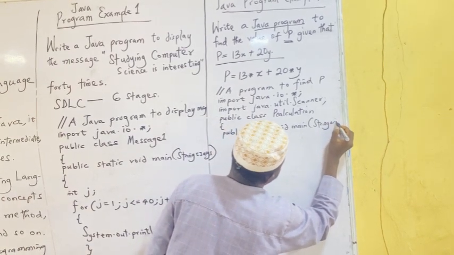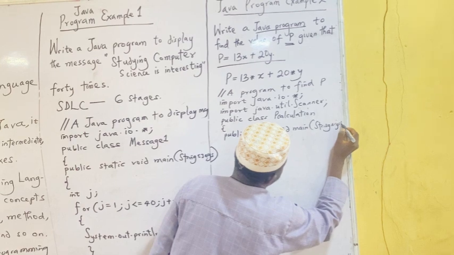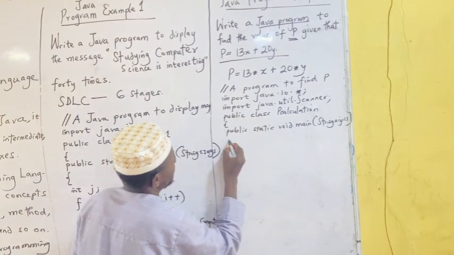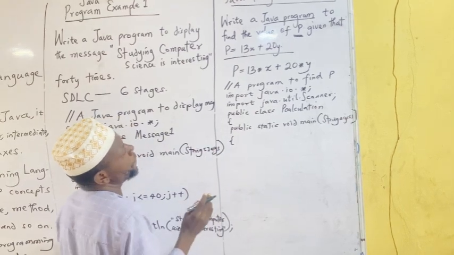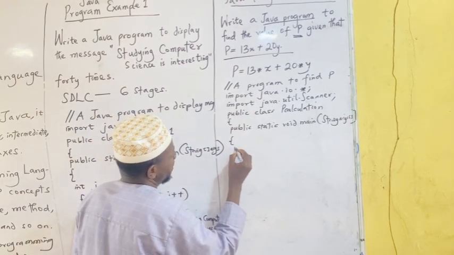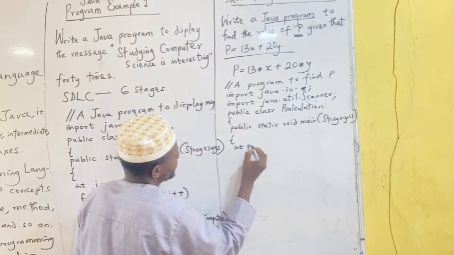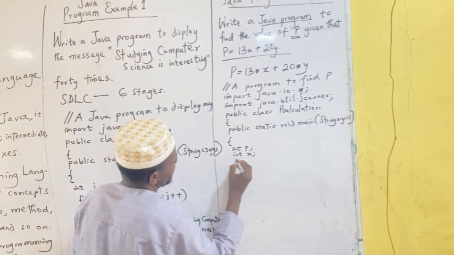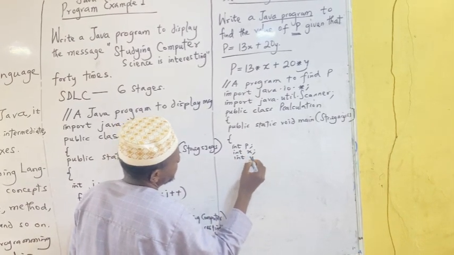You can write it before and it can come after. We may manage it this way. Opening brace or so. You declare all your variables. I want to declare my P first, int P. I want to declare my X. I want to declare my Y.